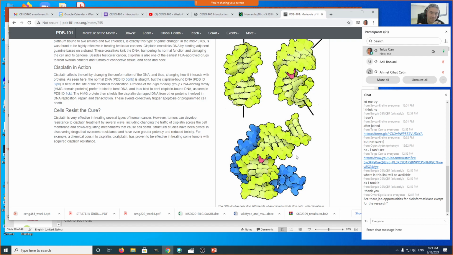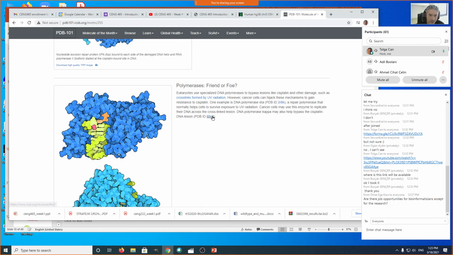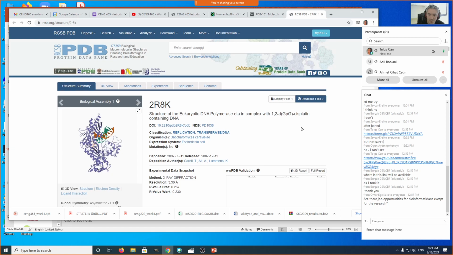They cannot be visible, but they have force fields around them to make bonds with different atoms and form these macromolecular structures.